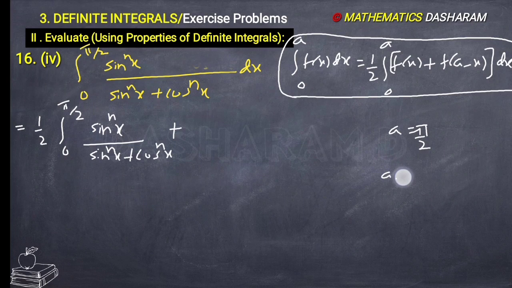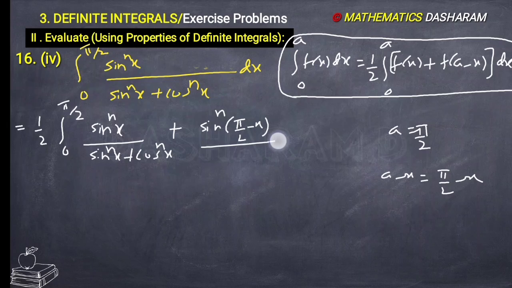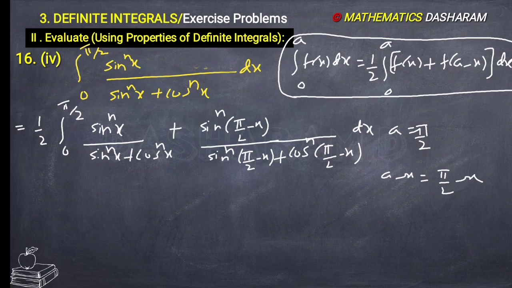So a minus x means pi by 2 minus x. So then sin to the power of n (pi by 2 minus x) divided by sin to the power of n (pi by 2 minus x) plus cos to the power of n (pi by 2 minus x) dx.